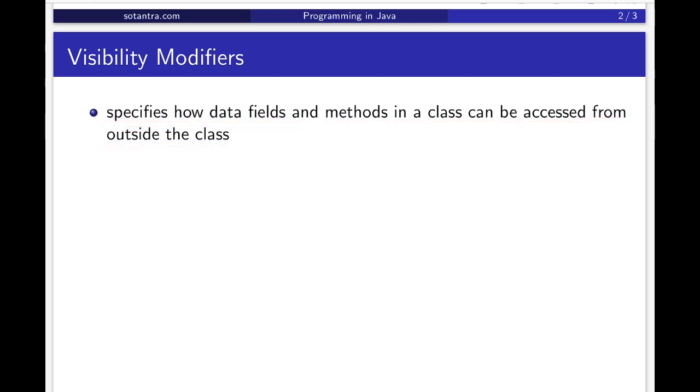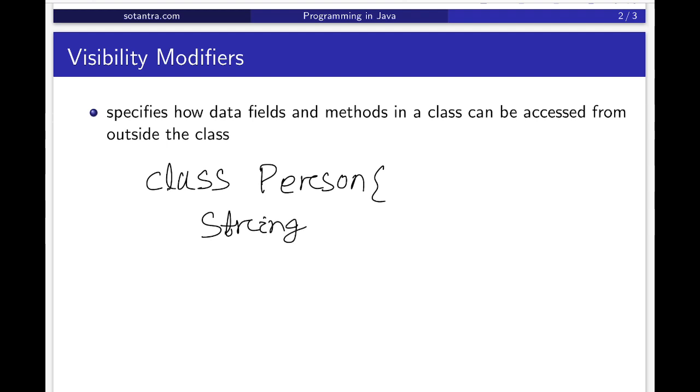Like we have discussed, suppose we consider a class, and the name of the class is Person, and here two data fields are there. Assume one is name and another one is age, and we are assuming no methods are there.